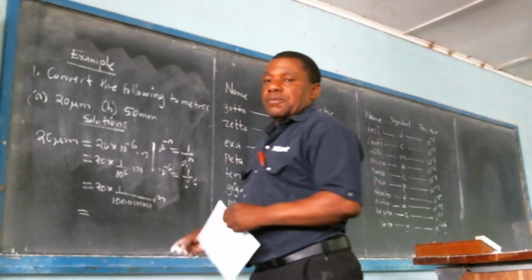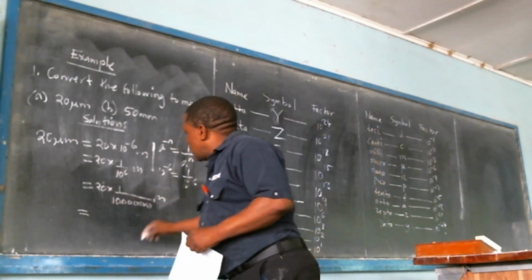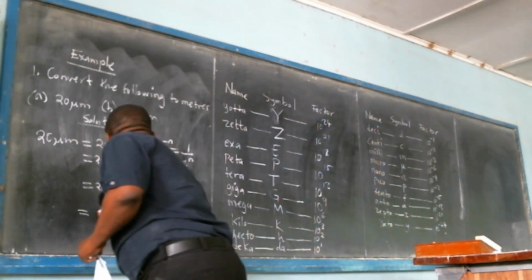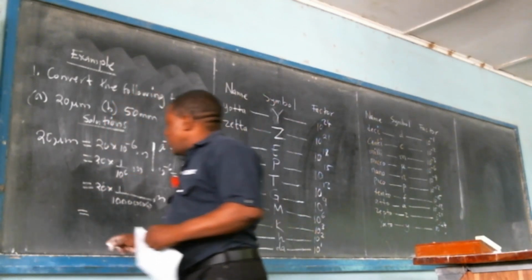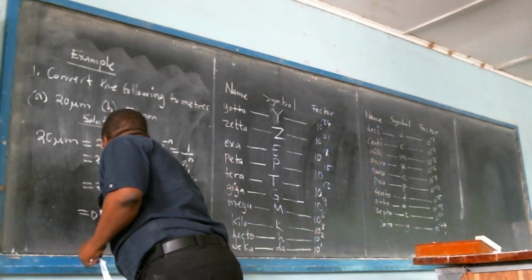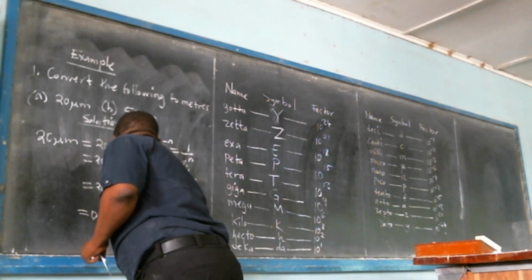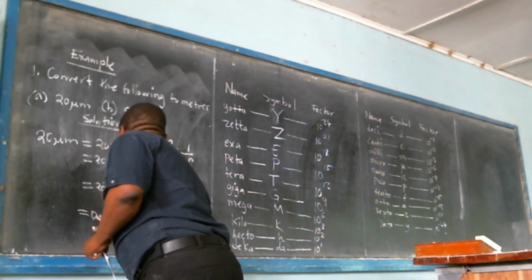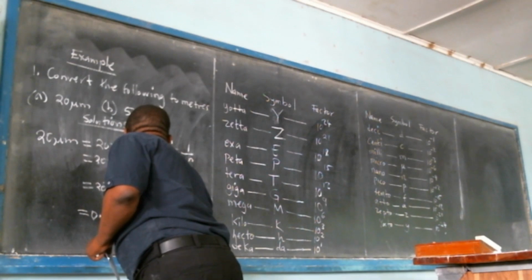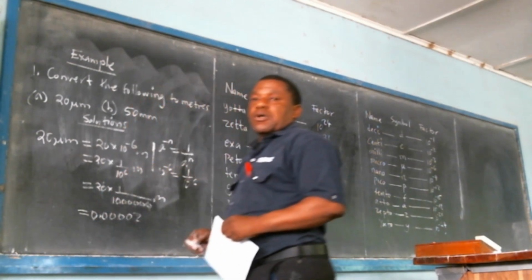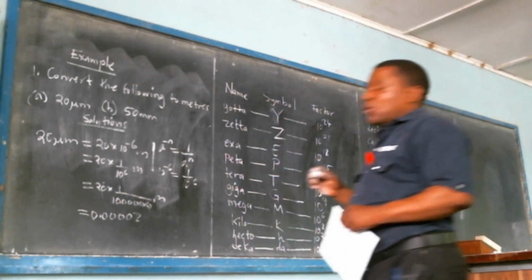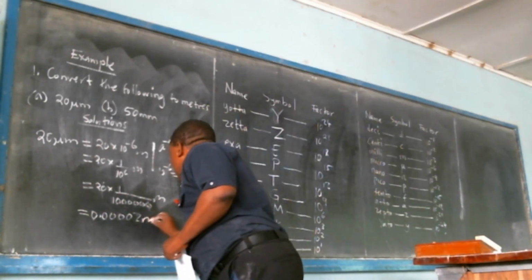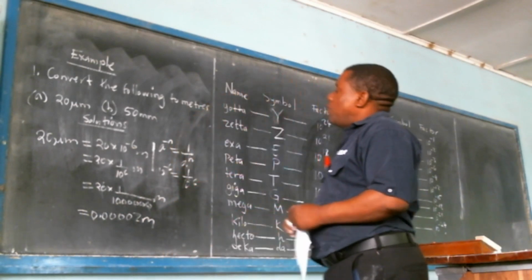So we can now simplify. Cancel that, cancel that. We have divided by 10 on both sides. We are going to have 0.00002 of a meter.